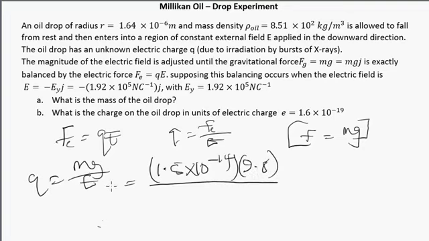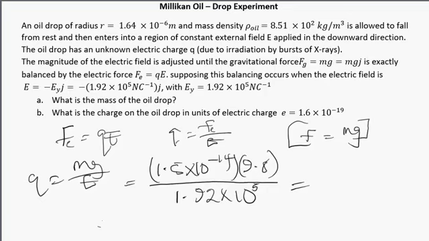All right. So we'll divide this by the electric field, which is given already here as 1.92 times 10 to the power of 5 newtons per coulomb. Now, when I check this on my calculator, I'll have a value.